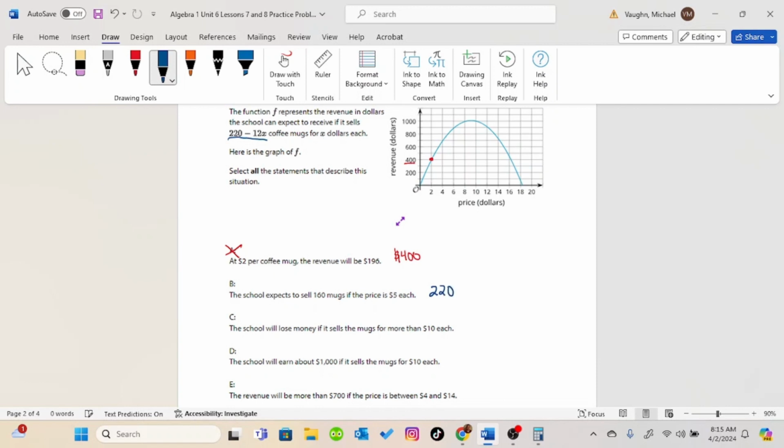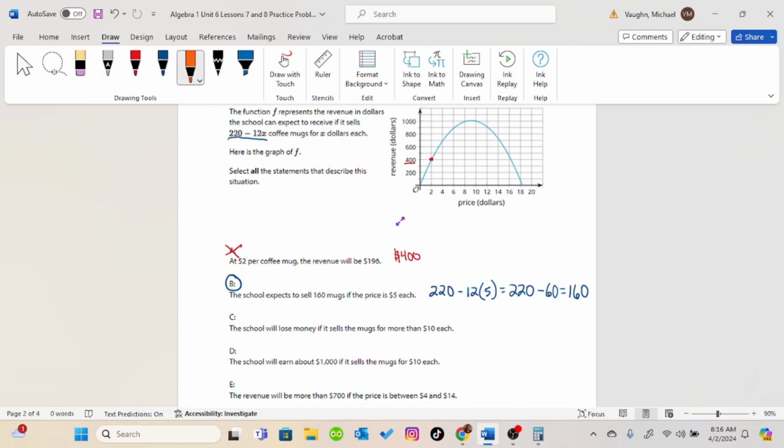So at 220 minus 12 times 5, 12 times 5 is 60. 220 minus 60 is 160. So they do expect to sell 160 mugs if the price is $5 each.